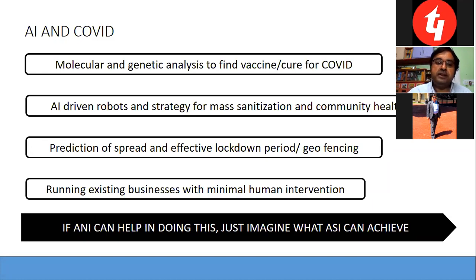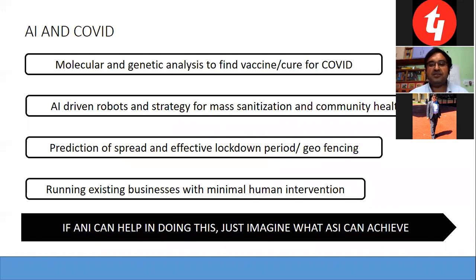Right now we see doctors and nurses facing problems, getting infected, and not being allowed entry into their housing societies. So we can replace a huge number of such caregivers with AI driven robots in this time, with minimum human intervention, and robots cannot be affected by COVID.